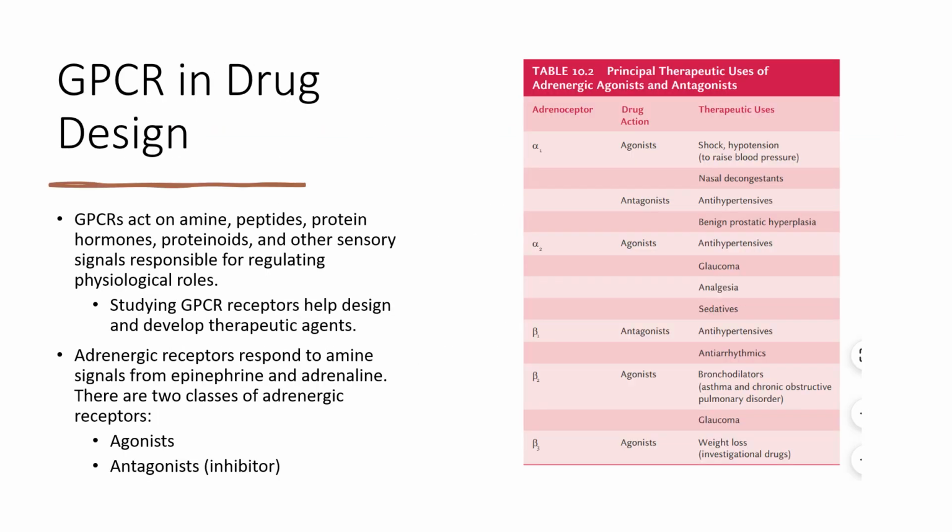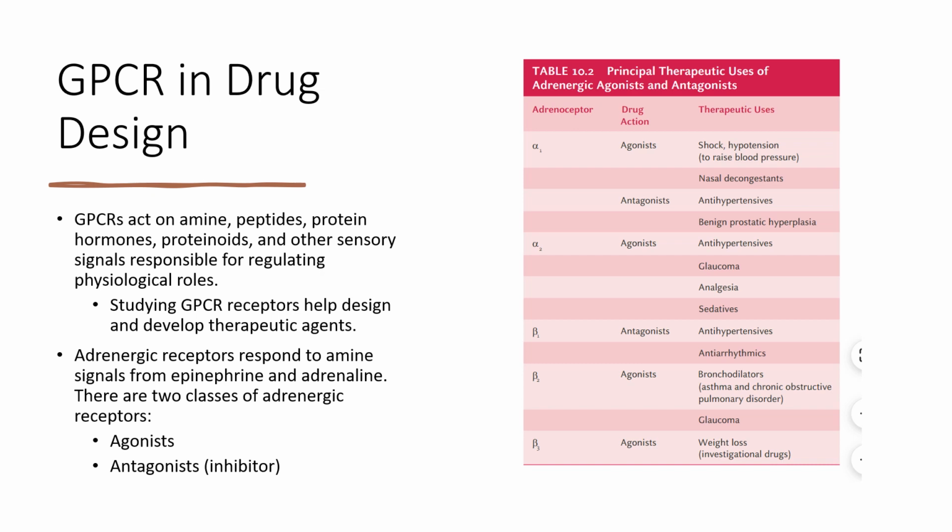GPCRs in drug design are excellent because they act on many signals, such as amines, peptides, proteins, hormones, proteinoids, and other sensory signals responsible for regulating physiological roles. And this helps medicinal chemists come up with drugs that will provide a therapeutic effect.